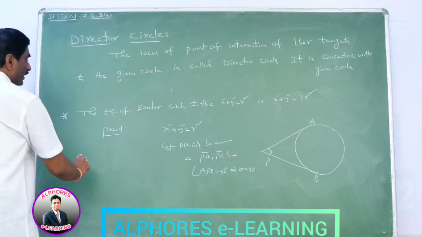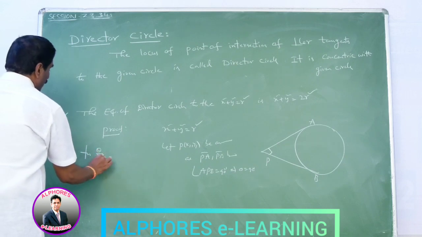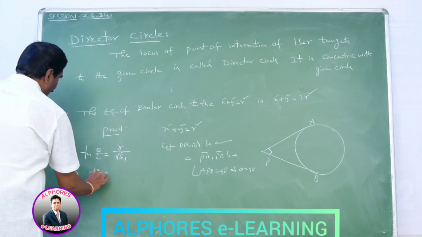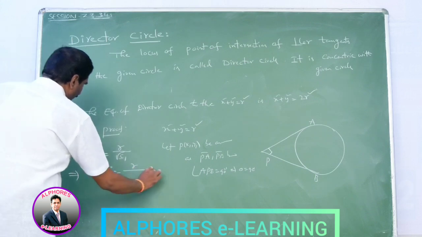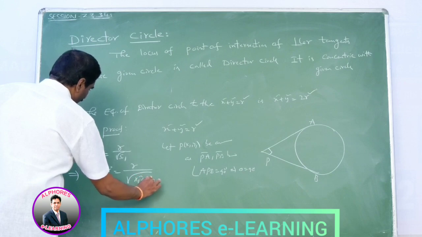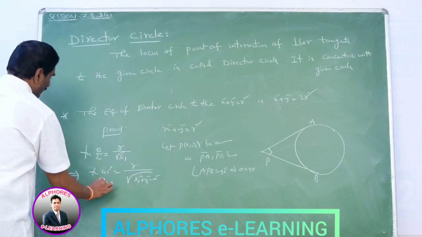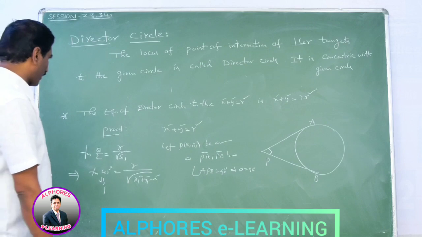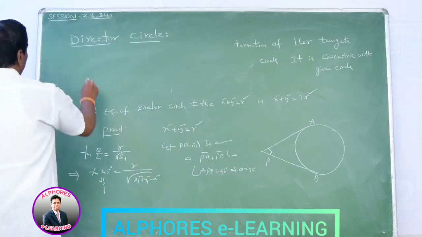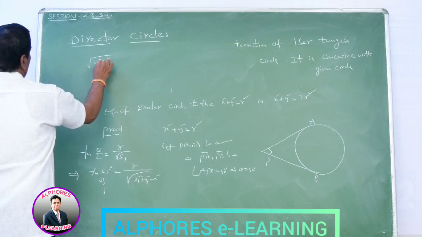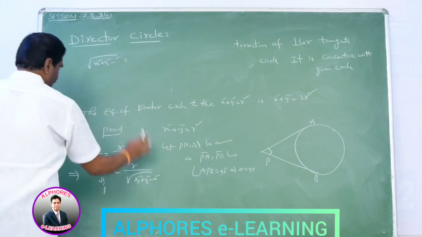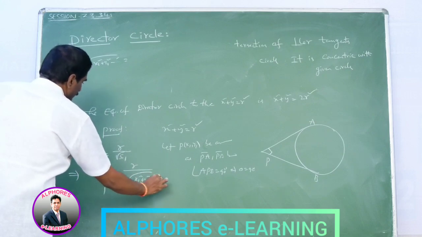We know that tan theta by 2 is equal to r by root S11. That implies tan 90 by 2 means tan 45 is equal to r by root of x1 square plus y1 square minus r square. Tan 45 means 1. After cross multiplication, it reduces to root of x1 square plus y1 square minus r square is equal to r.